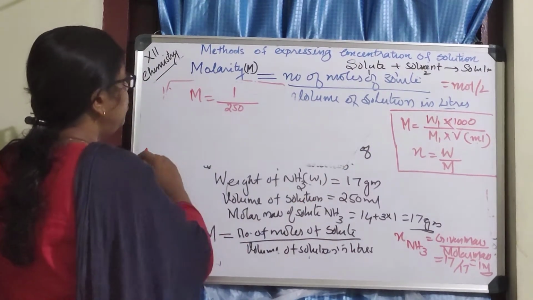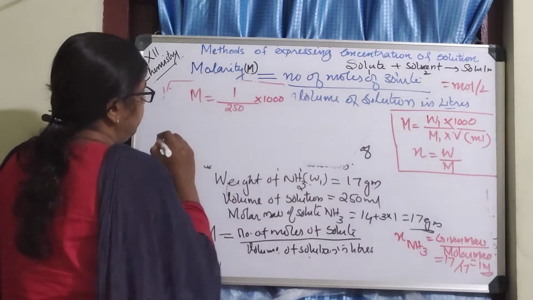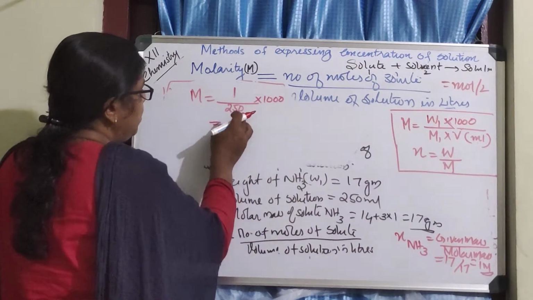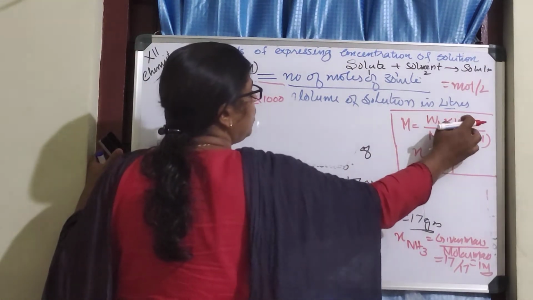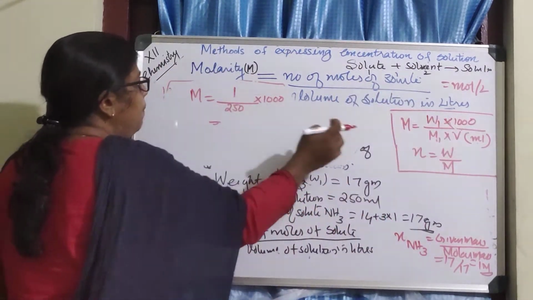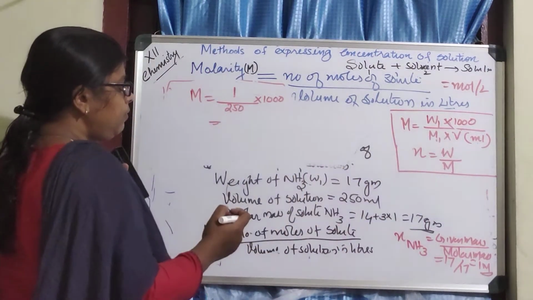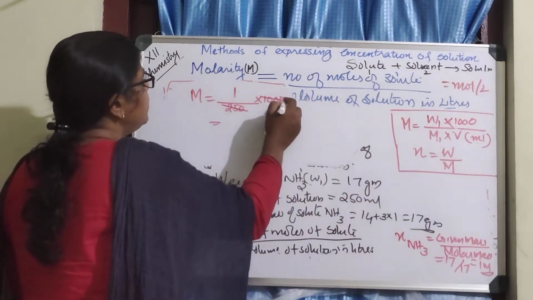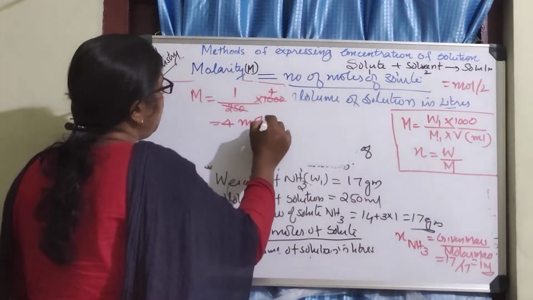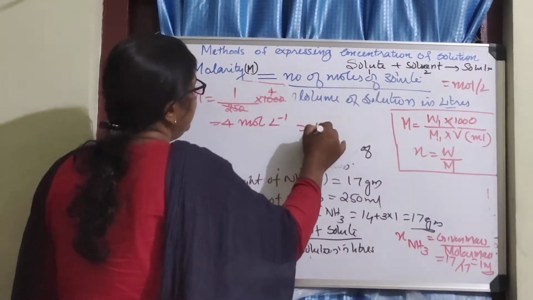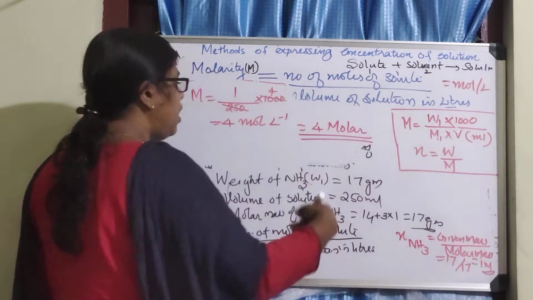So what we have to do? 250 by 1000 is the denominator. So we have to use this equation, W1 by M1 into 1000 by V. That is W1 by M1, the number of moles. I will show you in that method also. So this is equal to 4. So the molarity of the solution is 4 mole per liter, or we can say it is a 4 molar solution.